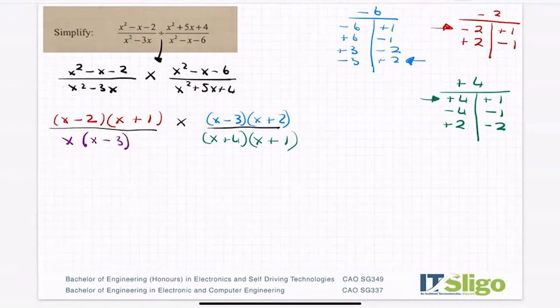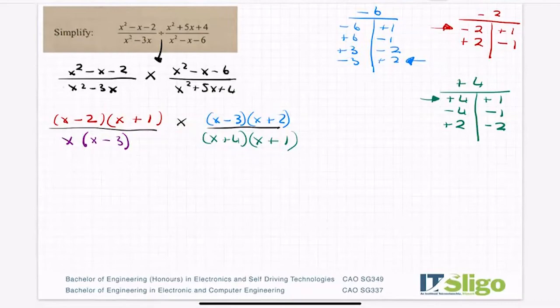And then I'm seeing what cancels. And multiplication is what we call commutative. So in other words, it doesn't matter what order anything gets multiplied in. So by that, I mean I could cancel something in this bracket with this bracket because they're all multiplied by each other. That's perfectly okay.